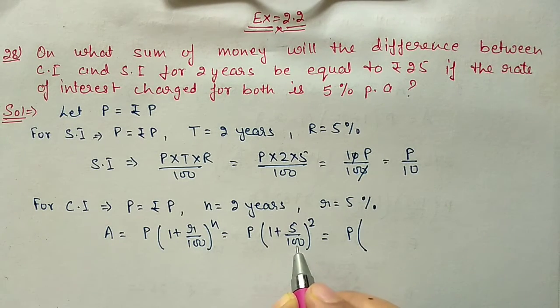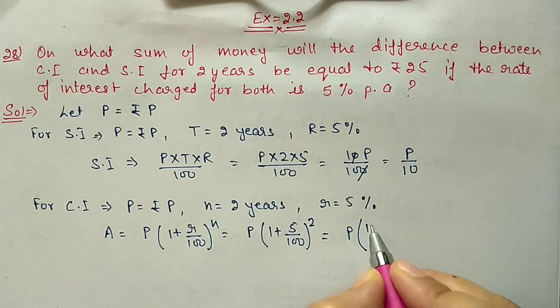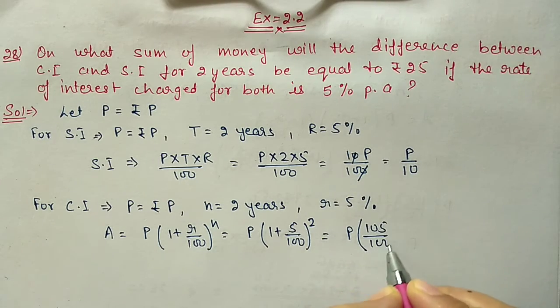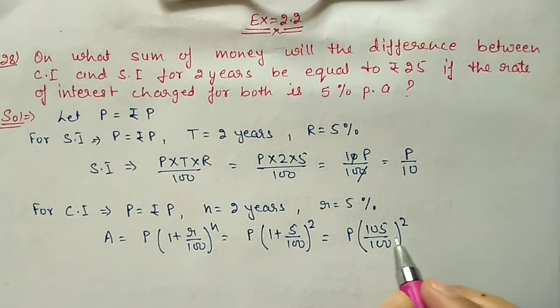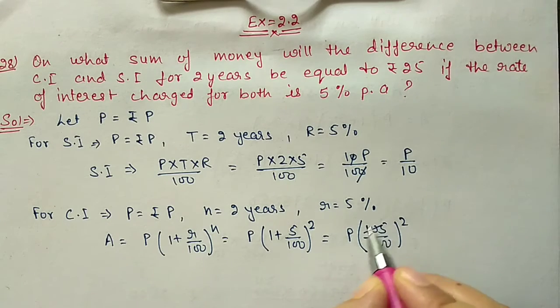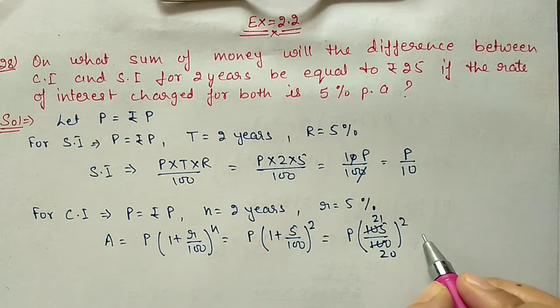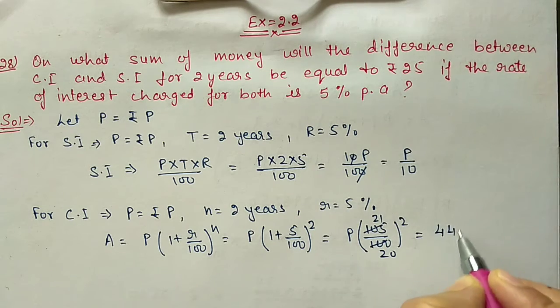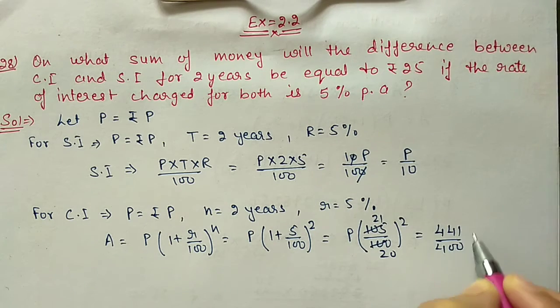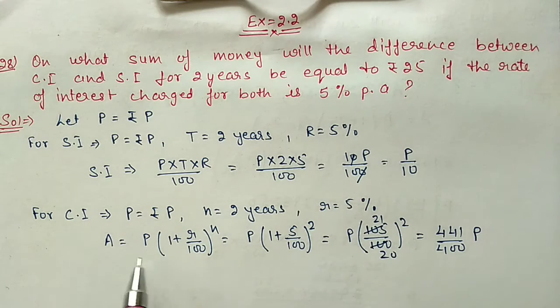After simplification it will become (100 plus 5) 105 by 100 to the power 2. We can cancel with 5, 21 times and 20 times, and after squaring we will get 441 by 400 P. And this is the amount.